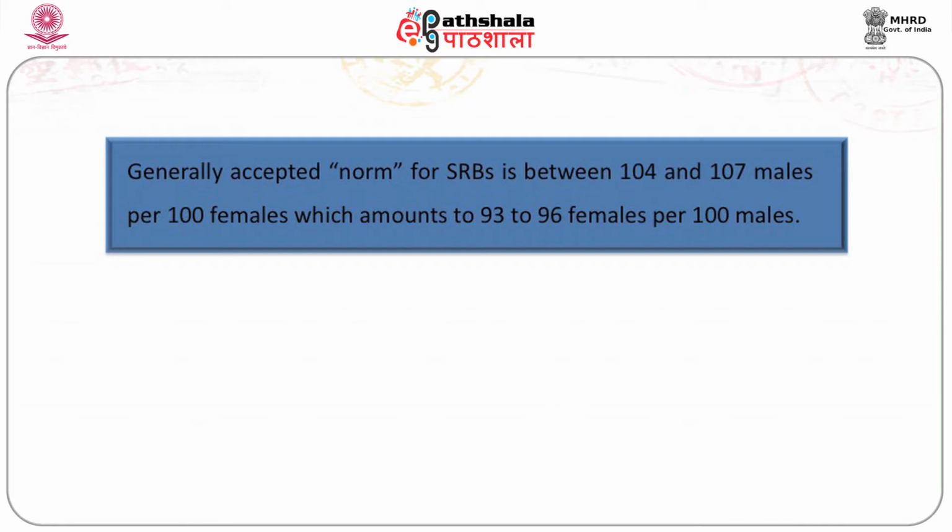The generally accepted norm for SRBs is between 104 and 107 males per 100 females, which amounts to 93 to 96 females per 100 males.